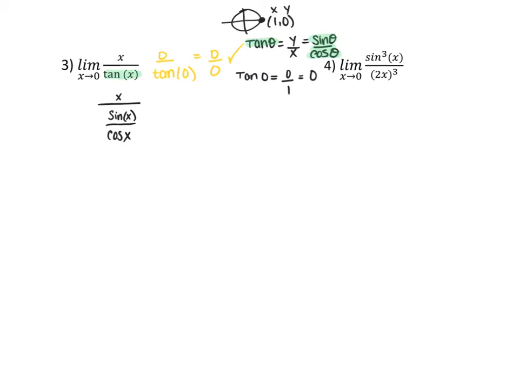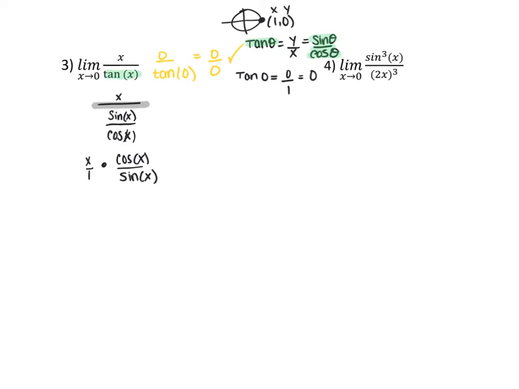And now just remember, we have 2 fractions that we're dividing, right? We have x and sine x over cos x. So we're going to keep, change, flip to deal with those fractions. We keep the x, or x over 1. We change the division to a multiplication. And we flip the cos x over sine x.